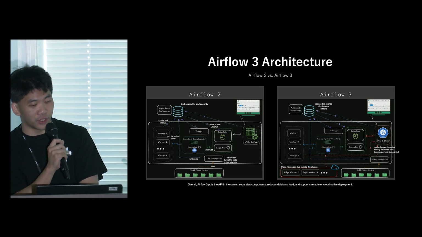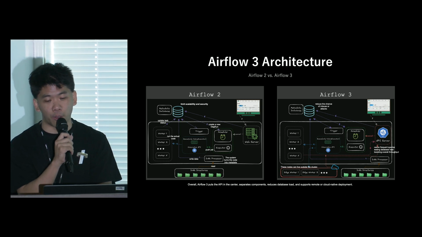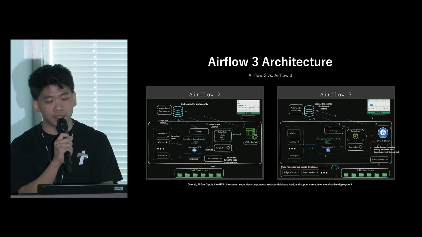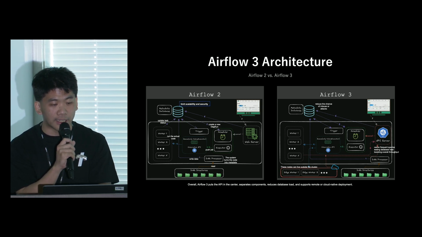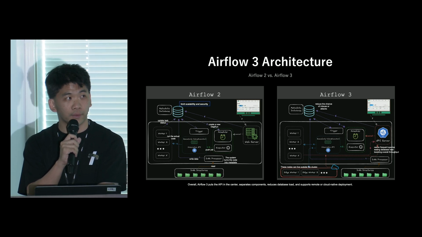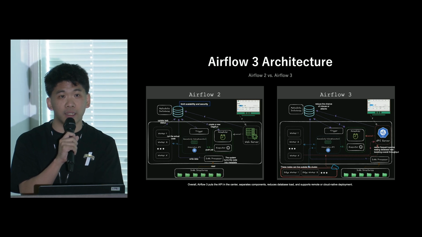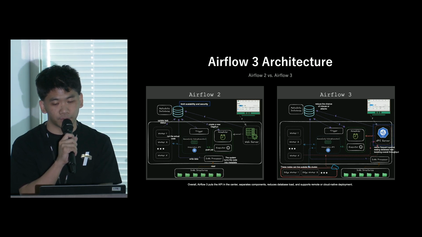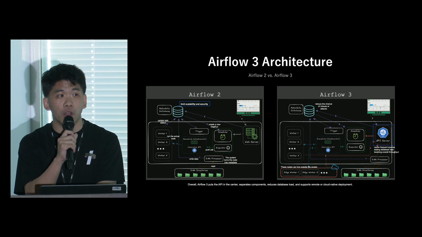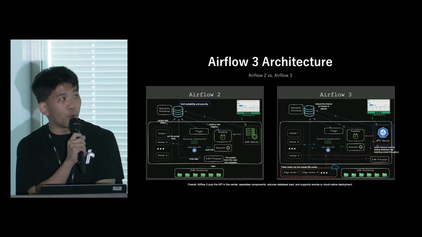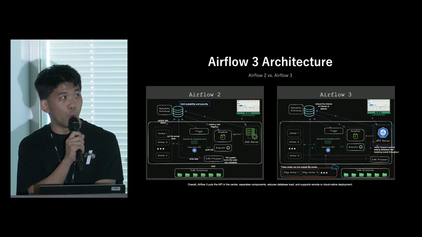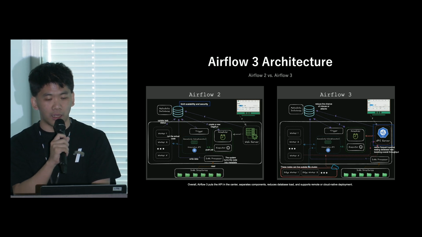Okay, in Airflow 2, this flow is stable, but every component must reach the same database, which limited scalability and security. Now look at Airflow 3. The first new actor is the API server. Components now call the API server instead of writing directly to the database, like the DAG processor and worker, you can see the red line.